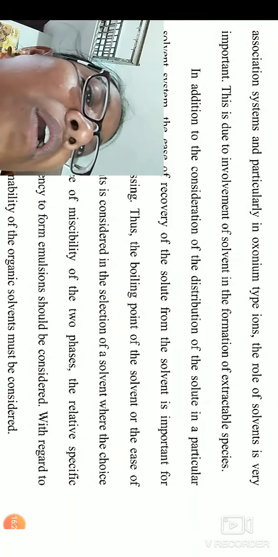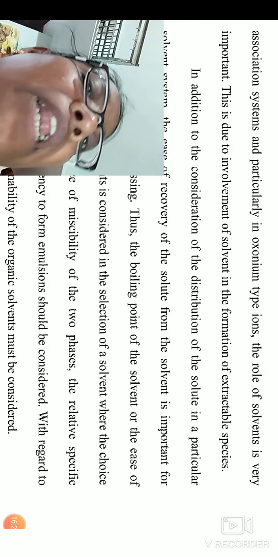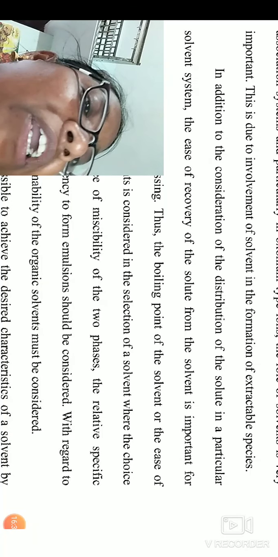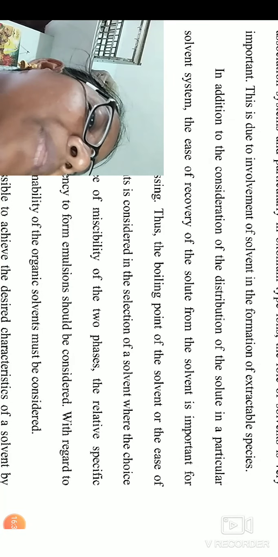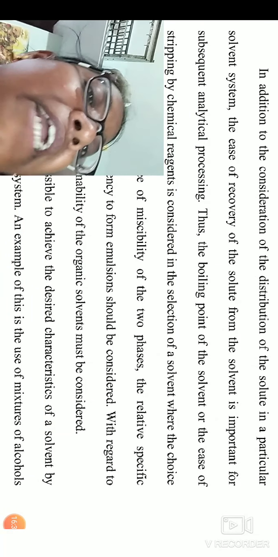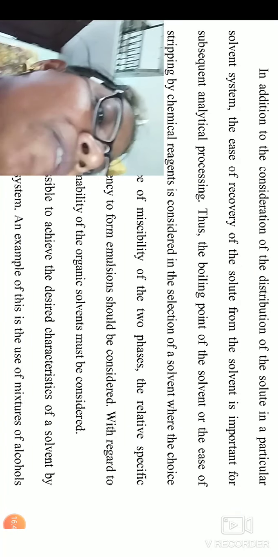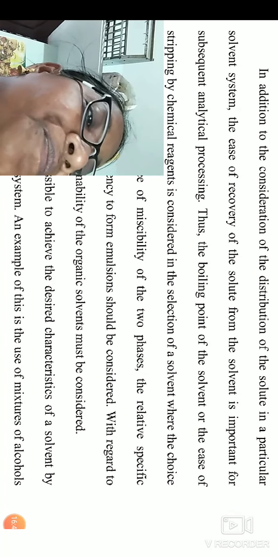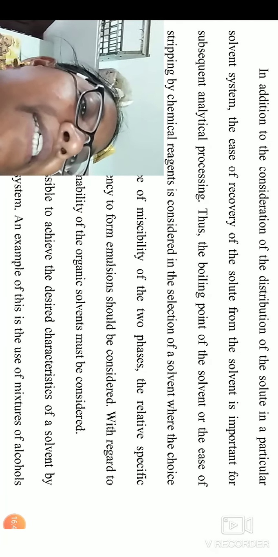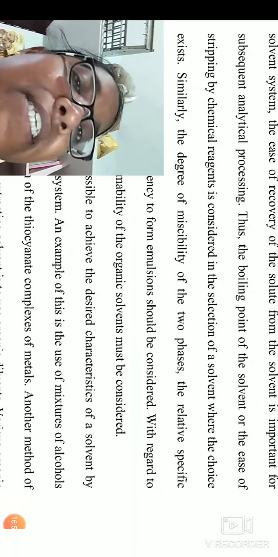In addition to the consideration of the distribution of the solute in a particular solvent system, the ease of recovery of the solute from the solvent is important for the subsequent analytical processing. Thus, the boiling point of the solvent or the ease of stripping by chemical reagents is considered in the selection of a solvent where the choice exists.